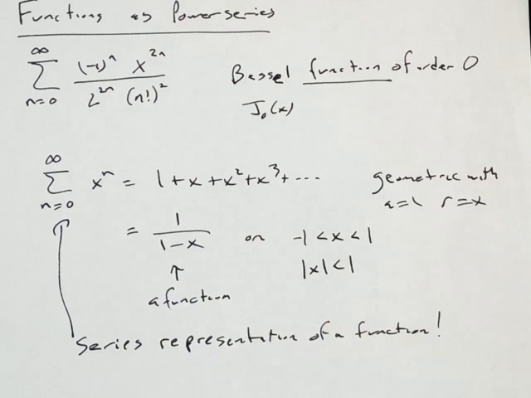Which means instead of dealing with division, I can deal with nothing but a polynomial. As long as I know how many terms I need to get the error as small as I want, and we know how to figure out error.